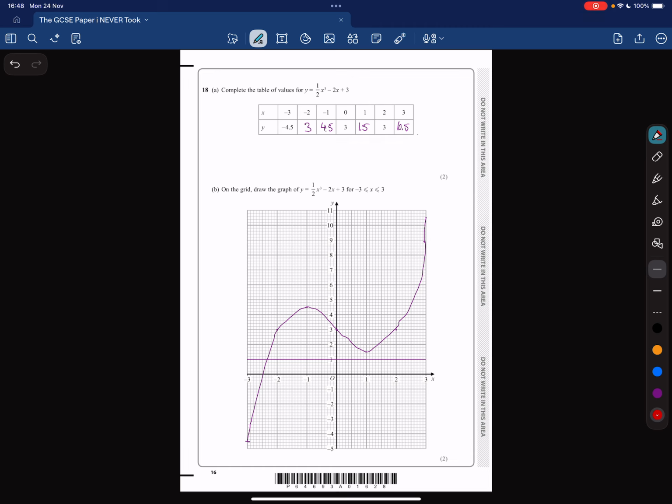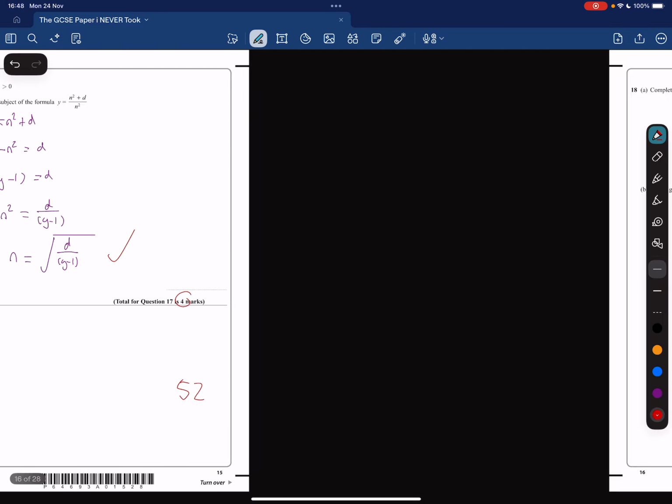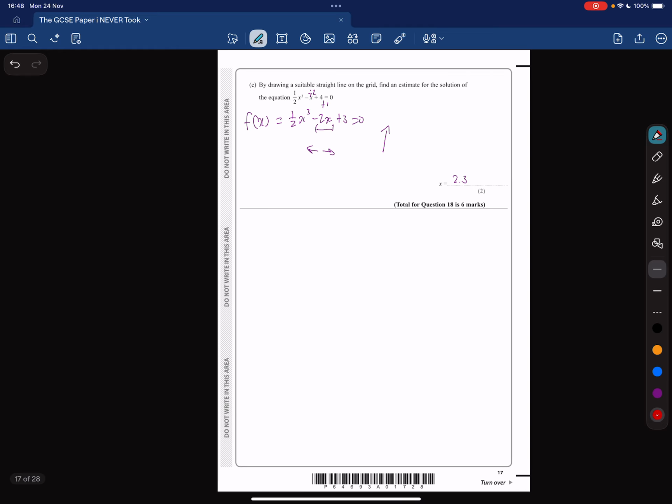Minus 3, 4.5. 1.5. Yep, you're right. Plot it. Yep, that's what a shape looks like. So you're 56 at the moment.